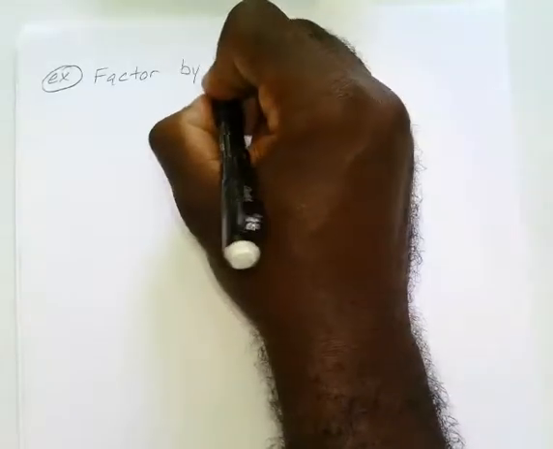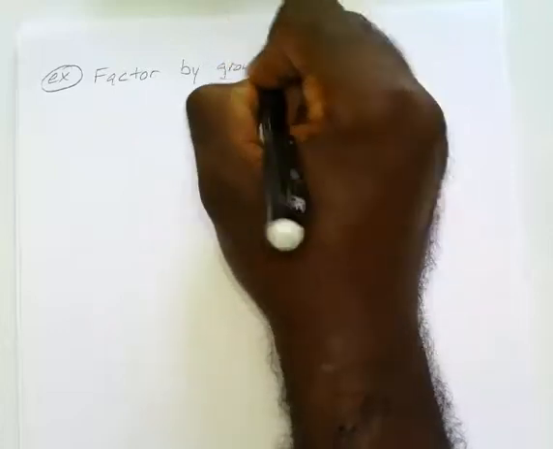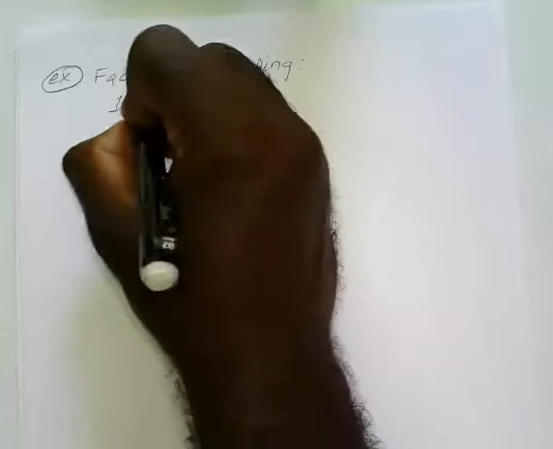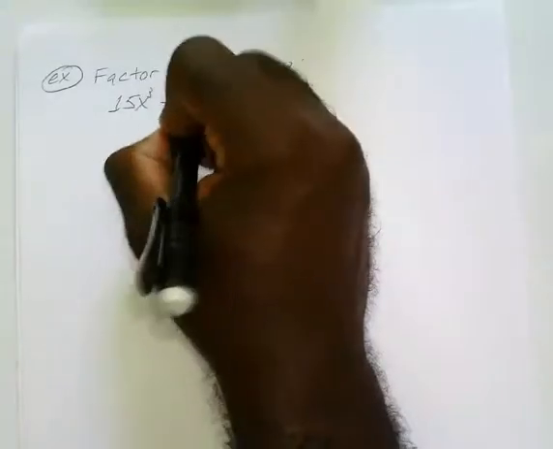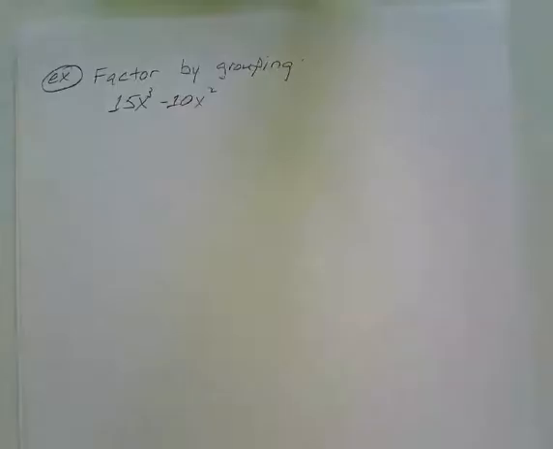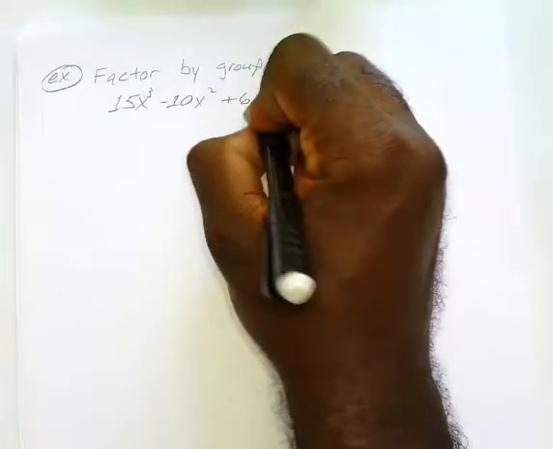So for example, what if we wanted to factor by grouping 15x to the third power minus 10x squared plus 6x minus 4?